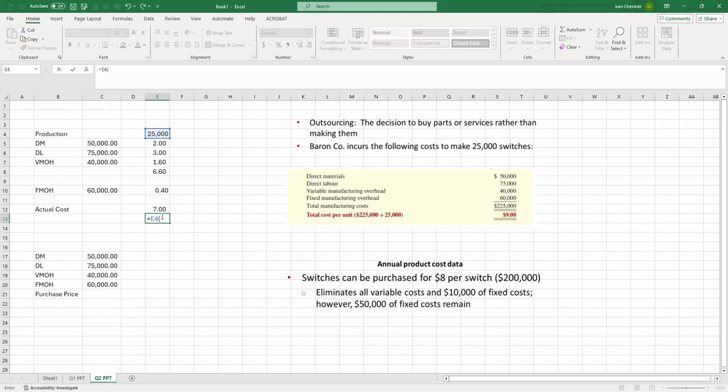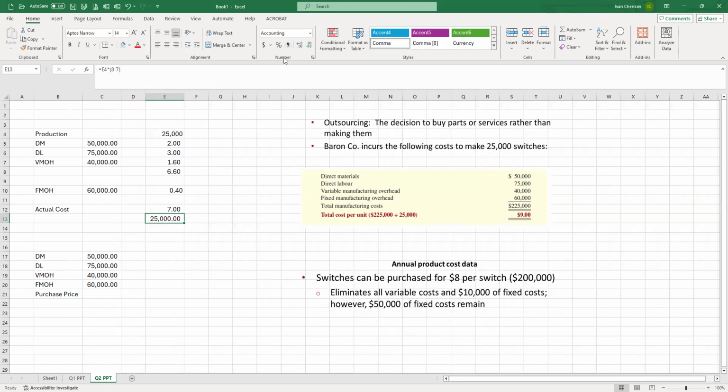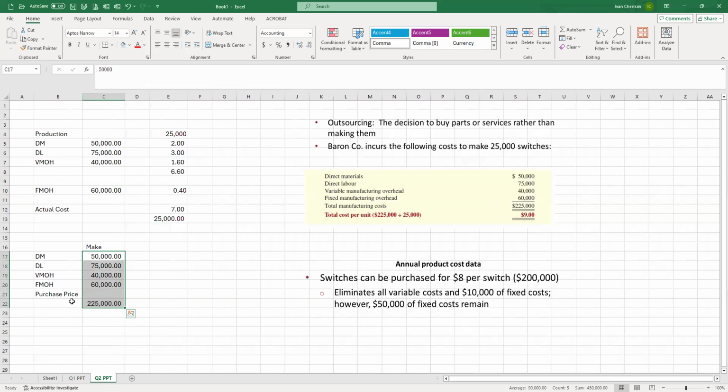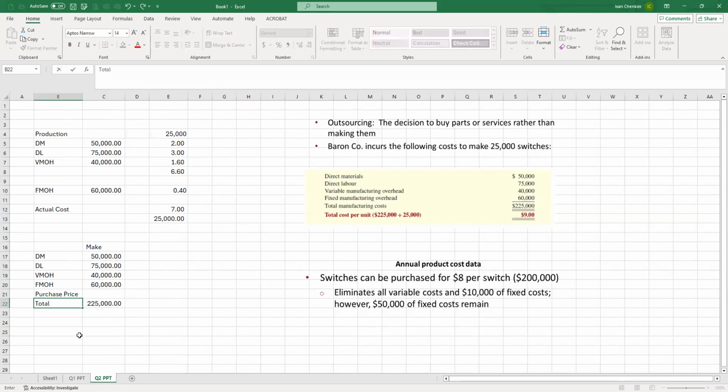So if I decide to buy it from this person, I'm gonna lose how much? $25,000. If you have $25,000 that you don't know what to do with, go and buy it from this person. So how much does it cost me to make it? That will be make. If I make it, that's how much it's gonna cost. Correct? We already know that. 225 total cost.